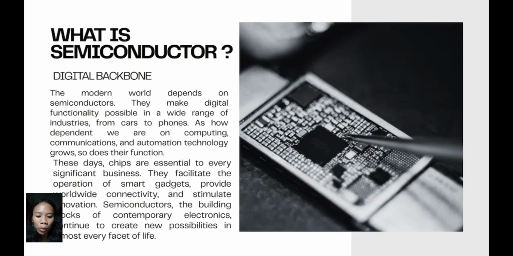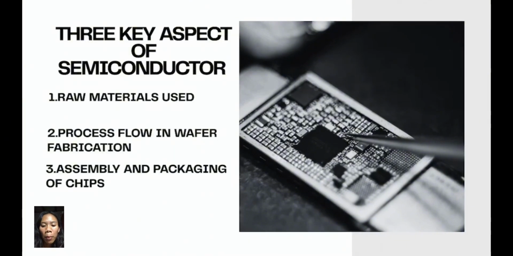And it also provides the essential building blocks for modern technology. In this presentation, we will explore the three key aspects of semiconductor, which are the raw materials used, the process flow of wafer fabrication, and assembly and packaging of chips.